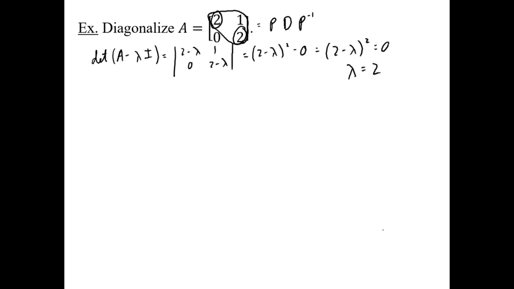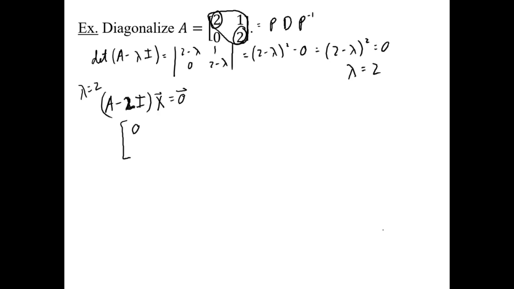To find the eigenvectors, we have to solve (A minus lambda I) times x equals 0. So the augmented matrix here, if lambda is equal to 2, this becomes A minus 2I.